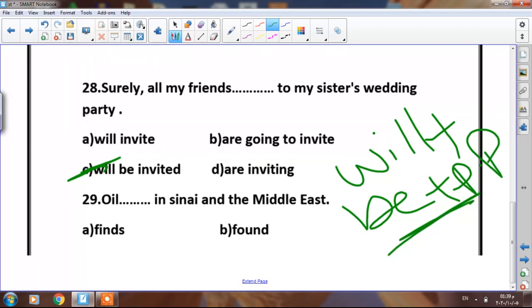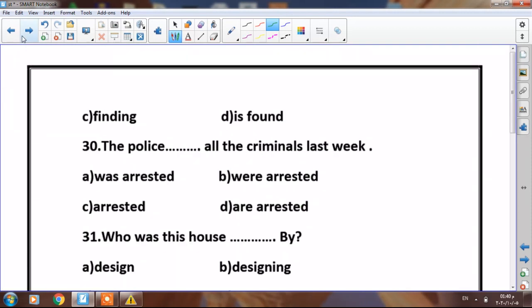Number 29. Isle dot in Sinai and the Middle East. Can the isle find itself? Of course not, so it is a passive sentence. "Is found," as we said before.